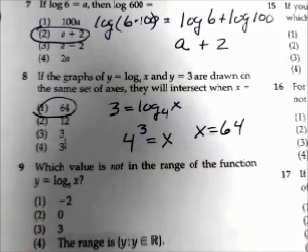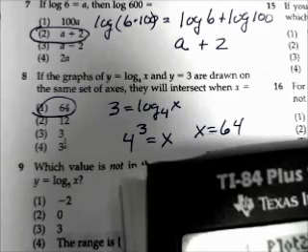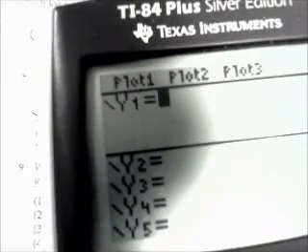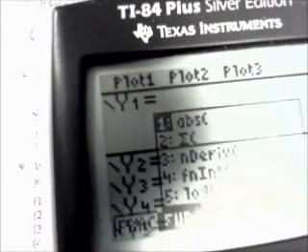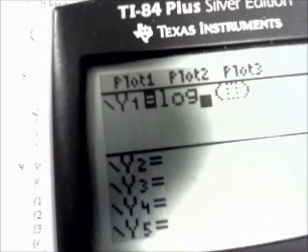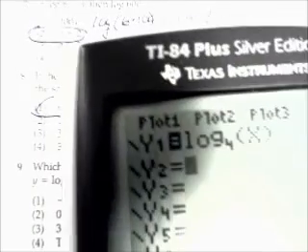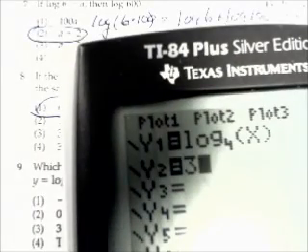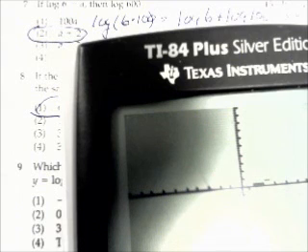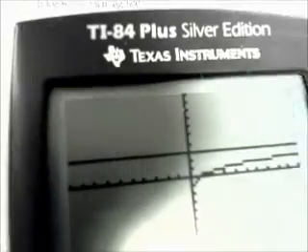So option 1. If we go to the calculator, and if we key in log base 4 of x, alpha window number 5, and then y equals 3, put 3 in for y2, look at the graph, and we'll look for the point of intersection. Well, we can't see it here. Well, we know our x value has to go all the way up to 64.